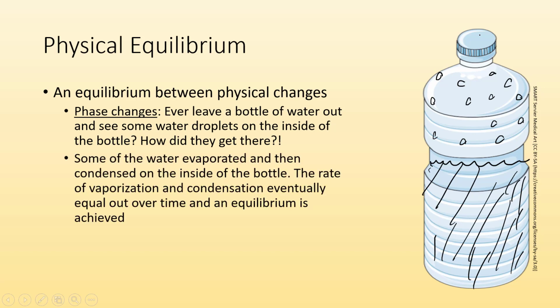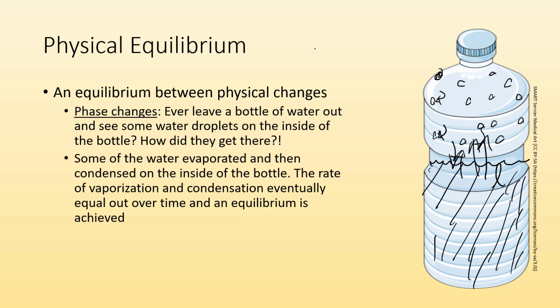How'd they get there? Well, some of the water evaporated. It went from the liquid phase into the gas phase, and then it condensed onto the surface of the water bottle. So over time, that whole process is going to reach equilibrium. So as quickly as it's evaporating, it's going to be condensing onto the sides of the bottle or back into the rest of the water, and then an equilibrium is going to be achieved.